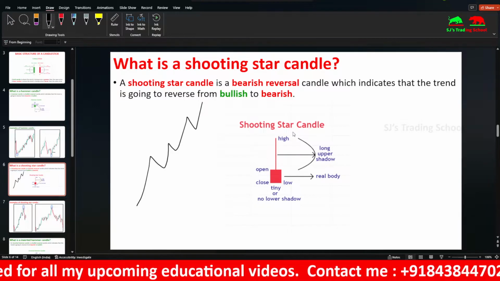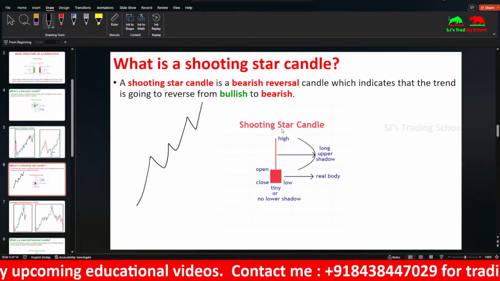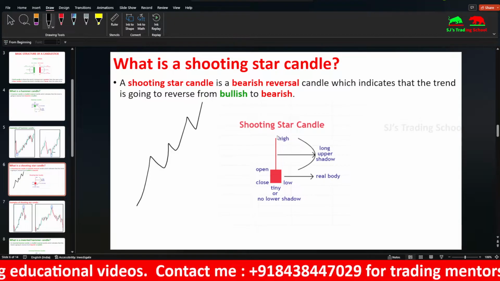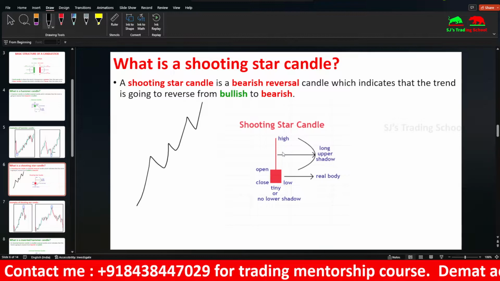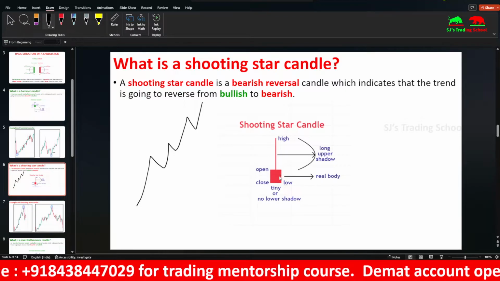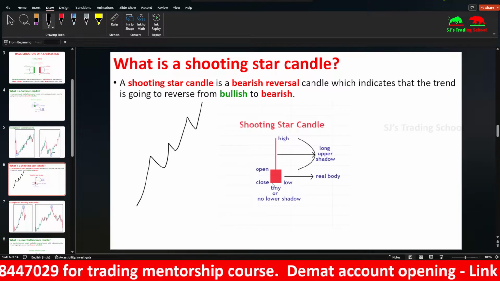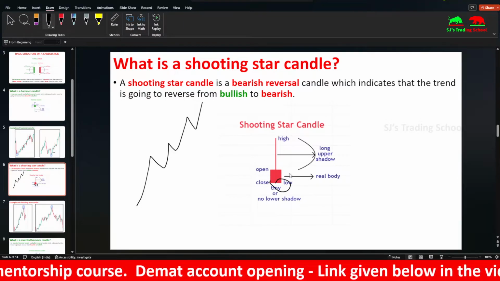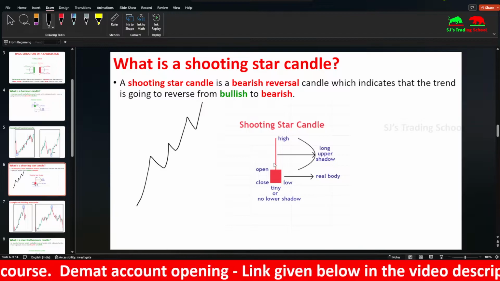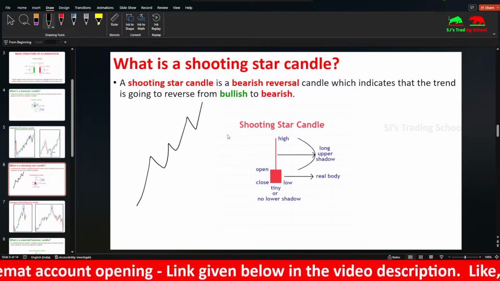New sellers are entering the market, and the supply is high. There is no demand for the stock. There are no buyers, so the sellers are offering the stock at lower prices. The stock price comes down here and closes below the open price, and this is what happens in a shooting star scenario.